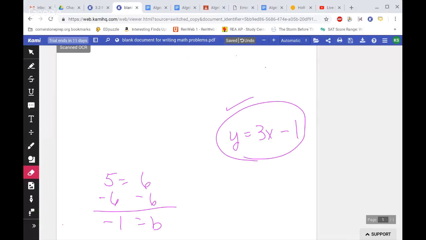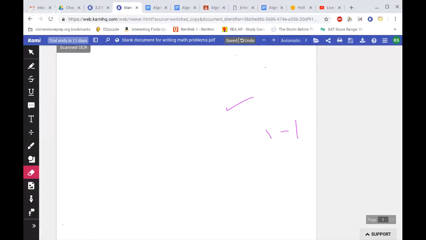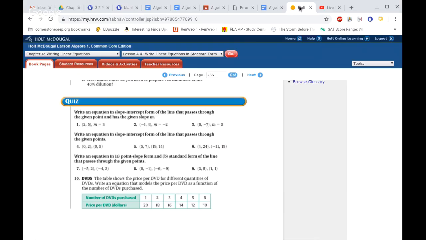Okay, I clicked over to see if anybody needed me to do number 2 and 3, and I didn't see that, so I am going to move on to number 4 for the quiz on page 256. It says write an equation in slope-intercept form of the line that passes through the given points.